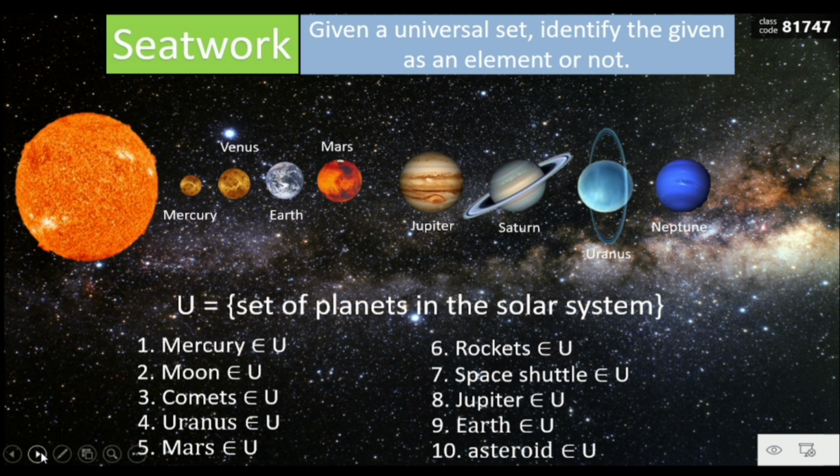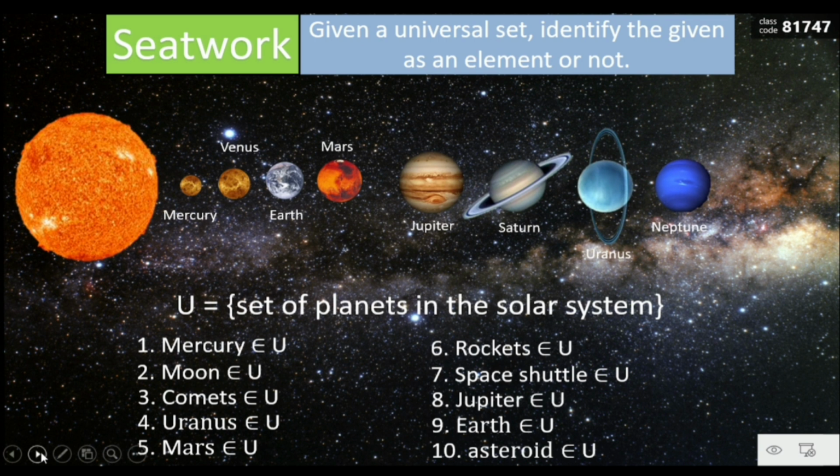Okay, time's up. For number one, Mercury is an element of the universal set. The answer is yes. Number two, is the moon an element of the universal set? The answer is no. Number three, comets is an element of the universal set.